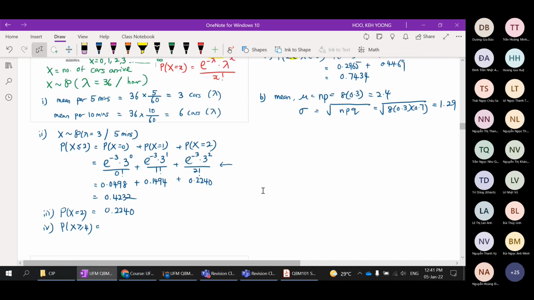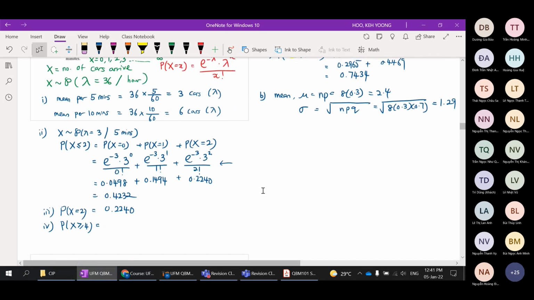So what we do here, instead of summing up 4, 5, 6, 7, 8, 9, 10 and adding up all the values going up, is take 1 minus the probability of less than 4.